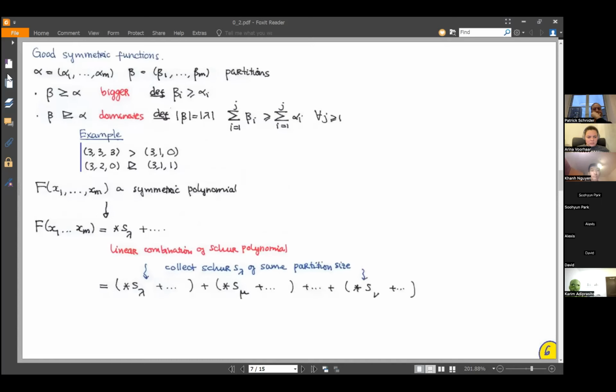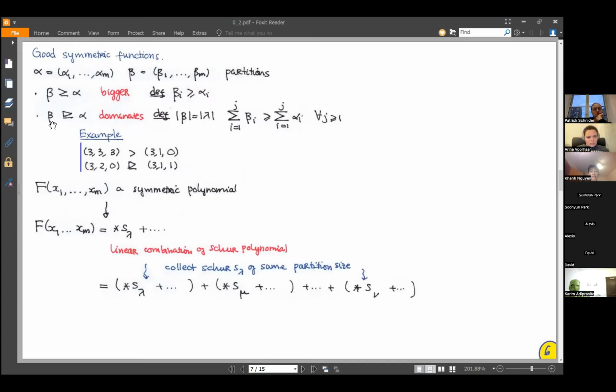Now I will talk about symmetric functions further. Before that I need to define a certain order on partitions. Suppose that alpha and beta are partitions of at most m parts. We say that beta is bigger than alpha if beta_i is not less than alpha_i for any i from 1 to m.